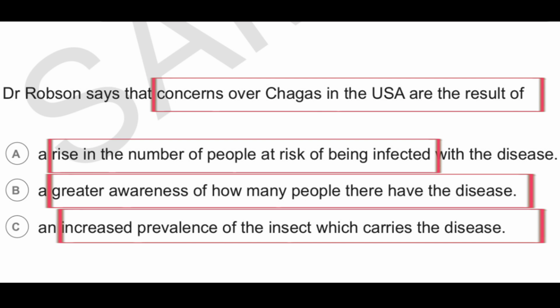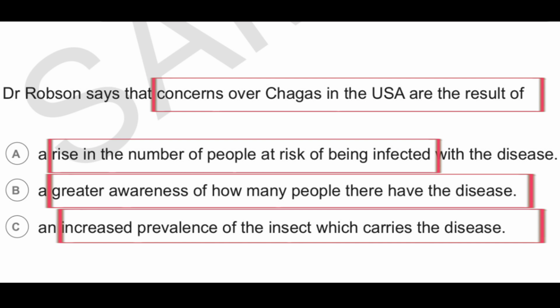Take note of what he said, the alarming thing, which is synonymous to concerns. So now we know that the concern is about the large number of people that carry Chagas, or in other words, people that have Chagas. So the correct option is option B.